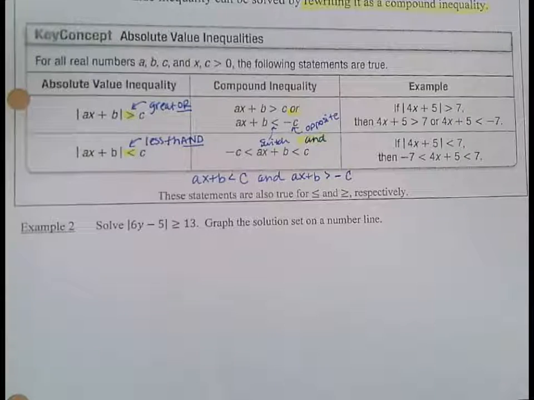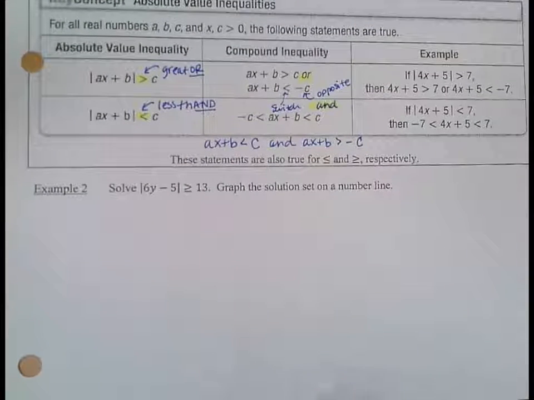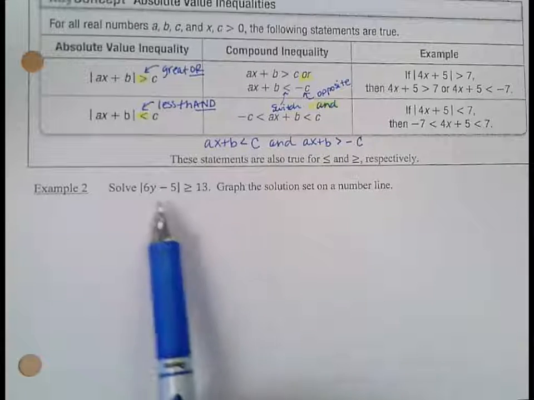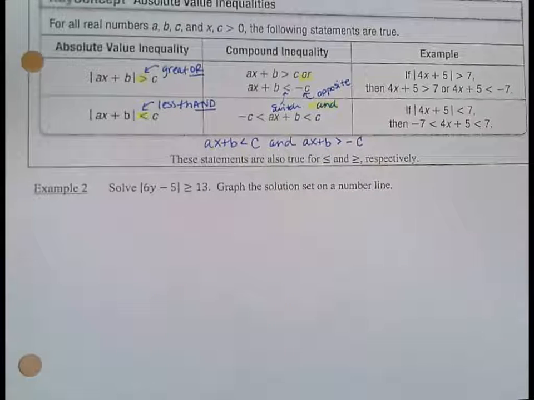So in example 2, we're just going to go through a couple examples together, but the steps I would work through with this is when you see an absolute value inequality, just knowing that you have to rewrite it as a compound inequality, so 2 inequalities, and figure out what word is joining them. So I usually figure out what word is joining them first. Is it an or or is it an and?